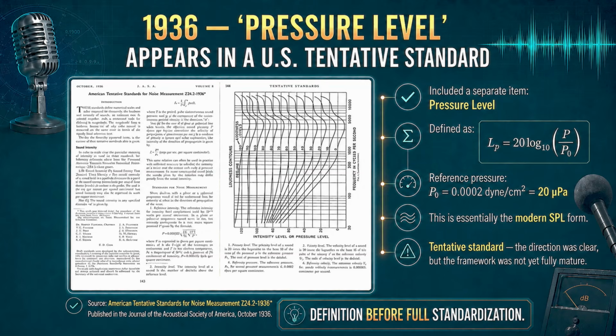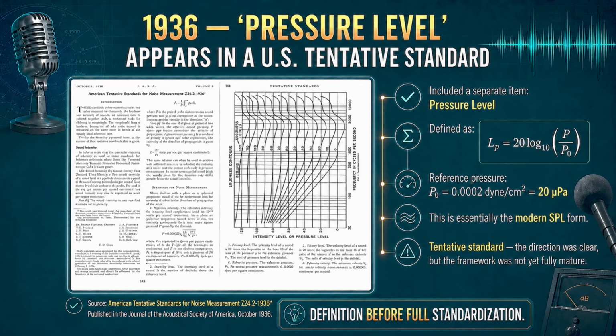Even more importantly, the reference pressure is given as 0.0002 dyne per square centimeter. In modern SI units, that is exactly 20 micropascals. So in 1936, both the basic equation and the reference pressure of modern SPL were already present.